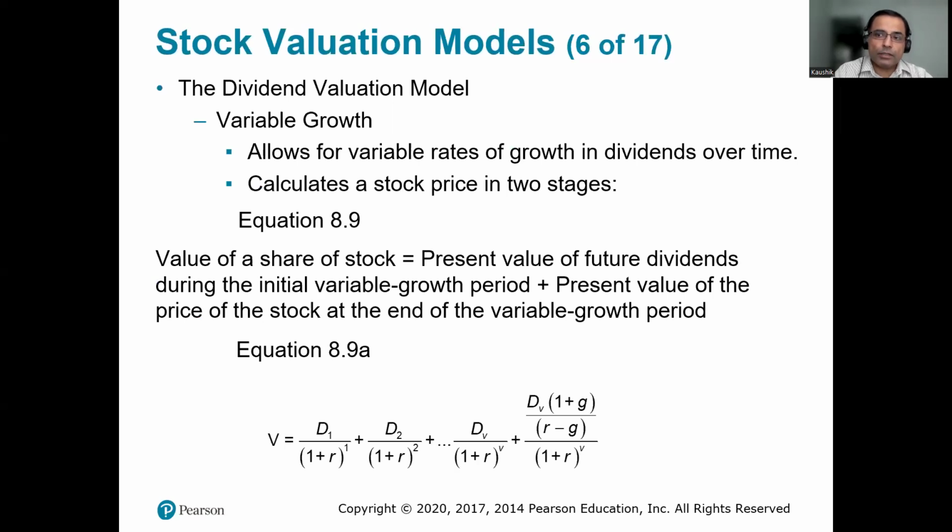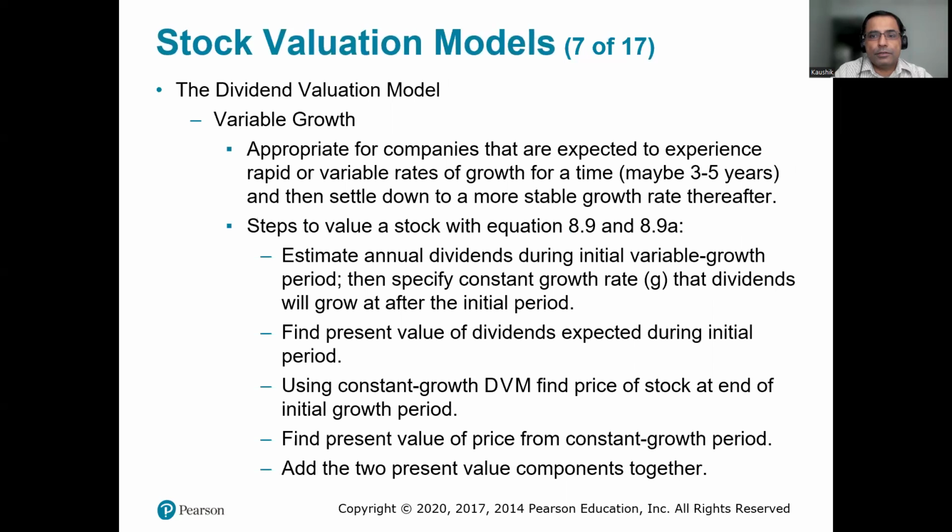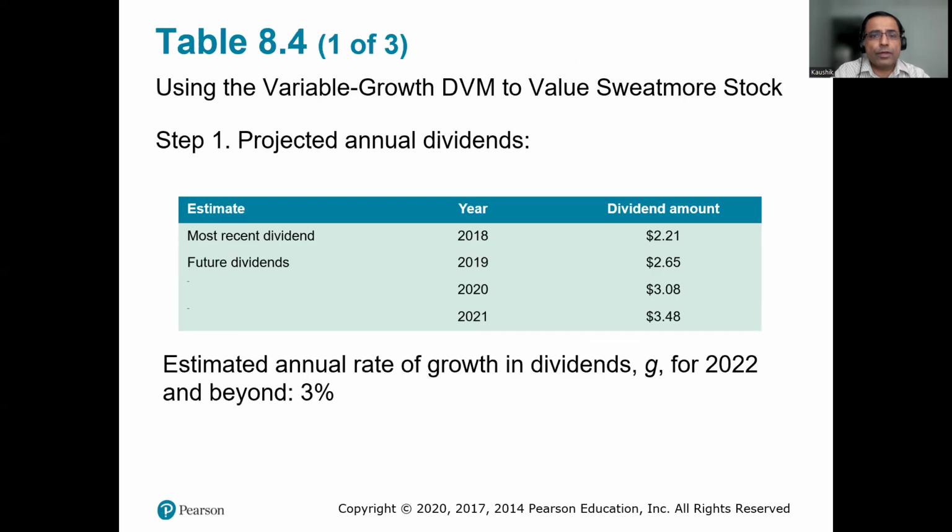Then we discount that stock price to the present value, and we add the two present values to get the intrinsic value. So maybe the first few years we have high growth rate and then stable growth rate after that. So annual dividend during the initial period, present value of those dividends, then stock price at the end of high growth rate period, present value of stock price, then adding the two present values together.